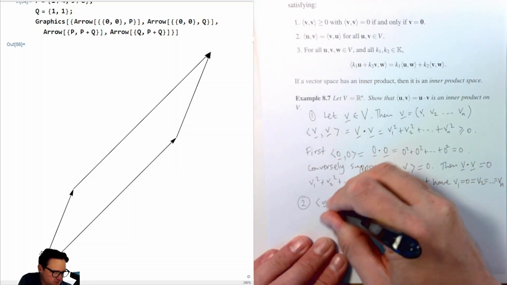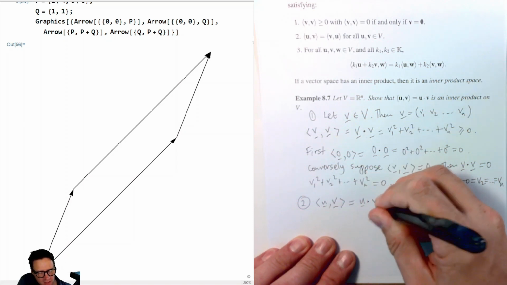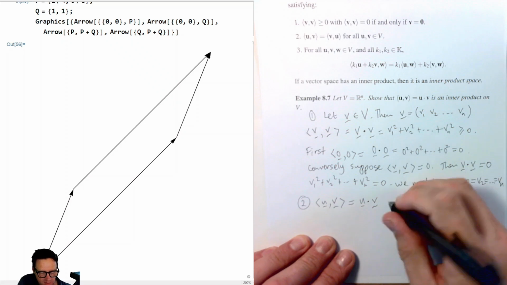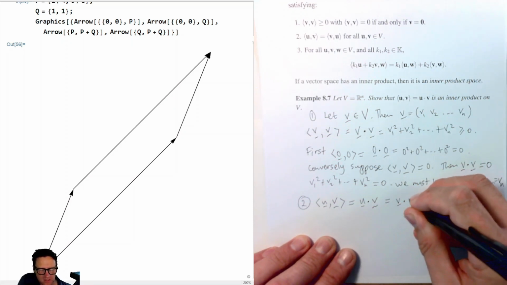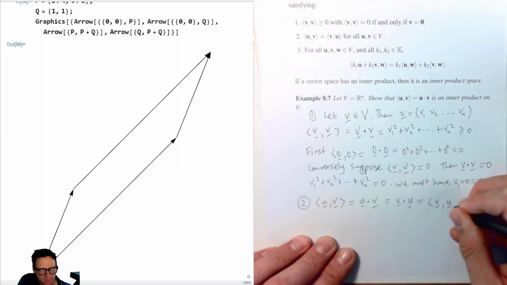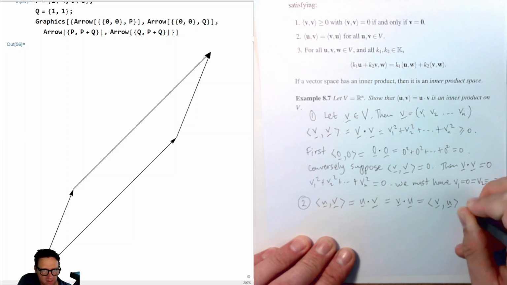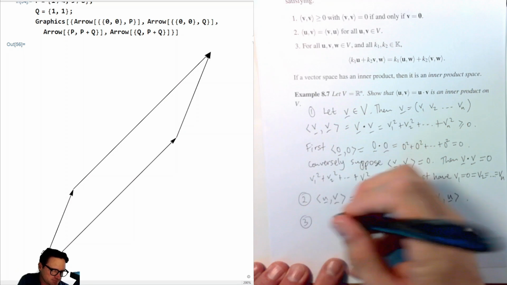The inner product of u with v is u dot v in this example, and we know u dot v is equal to v dot u, so that's the inner product of v with u. Okay, that was easy to check. Let's move on to number 3.